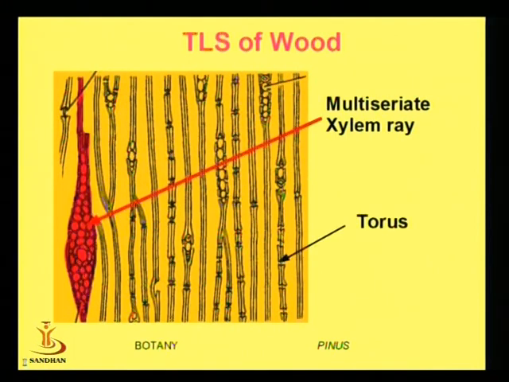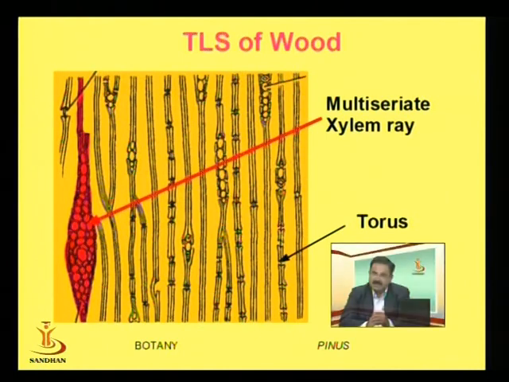The uniseriate xylem ray is one kind, and the second is the multiseriate xylem ray. Here one can see very well not only the difference in color, but even the multiseriate has a huge number of xylem rays, so it forms a bunch, and that's why it is multiseriate, while the uniseriate one has only a single layer of rays.